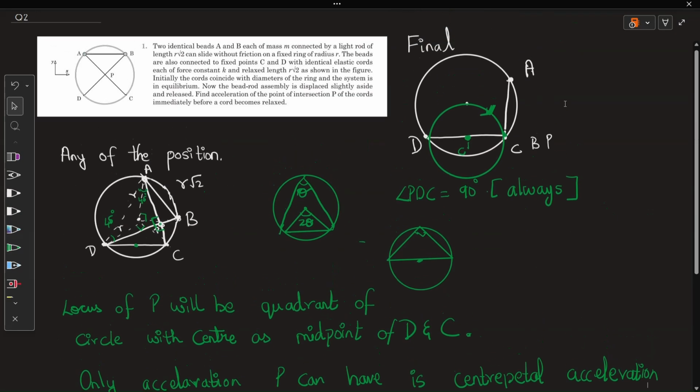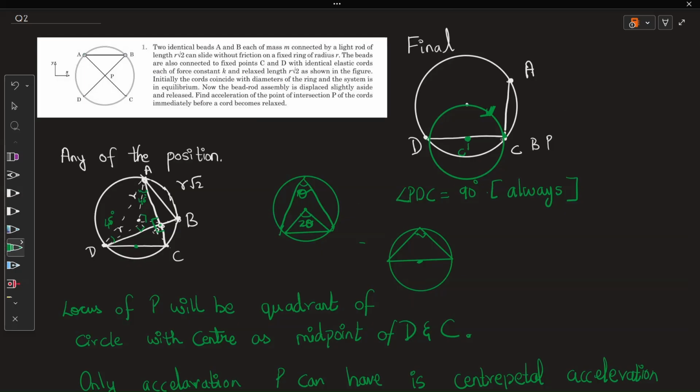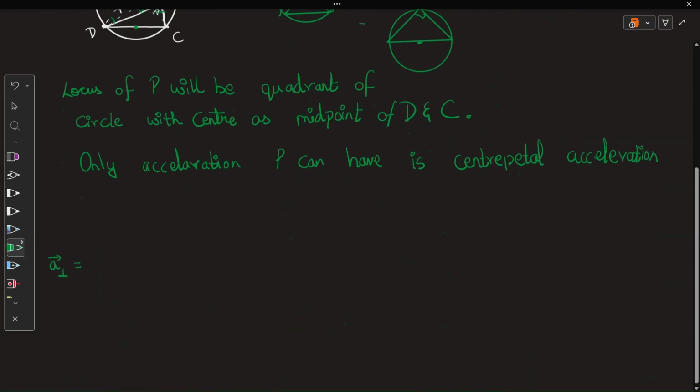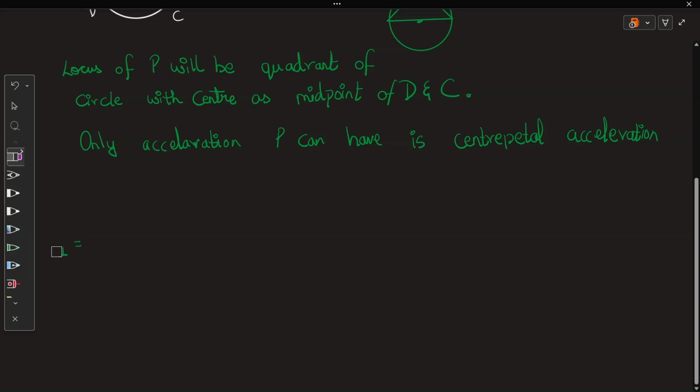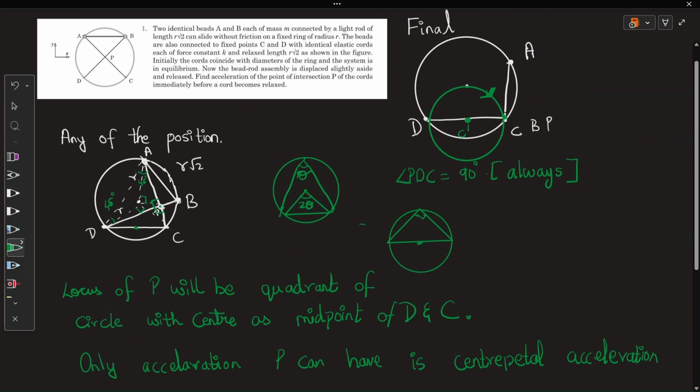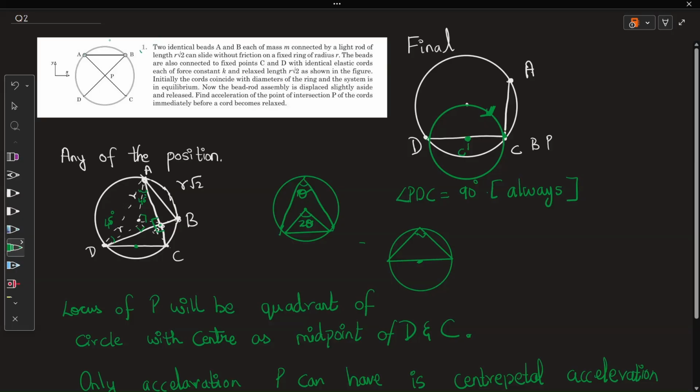Okay. Now first, let's calculate the velocity of P at this particular state. The velocity of P is nothing but the velocity of B at this point. So let's calculate the velocity of B by using conservation of energy. By conservation of energy, initially the whole system has, let's assume this is in a horizontal plane.